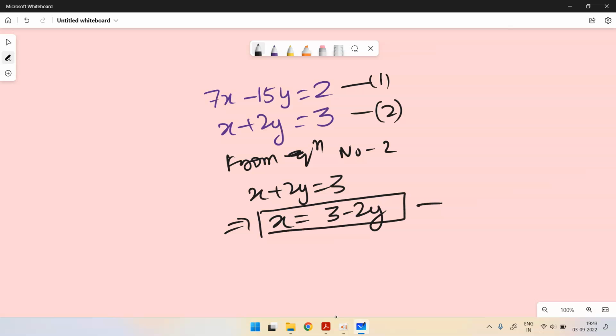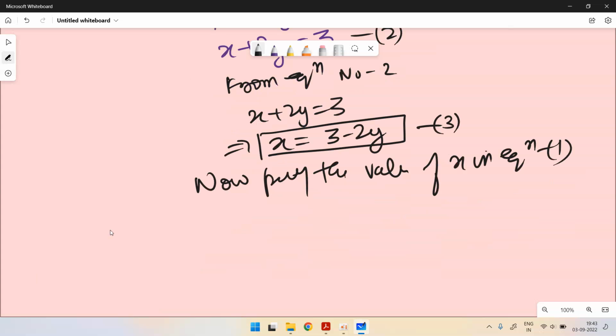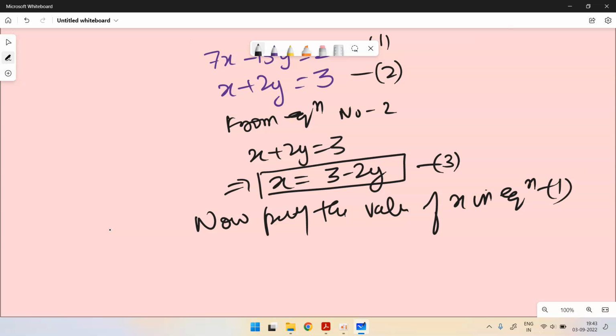Now put the value of x in equation 1, since you got it from equation 2. If you put it in equation 2, you will get nothing, just 0 equal to 0. So putting this in equation 1, 7 into (3 minus 2y) minus 15y equal to 2.